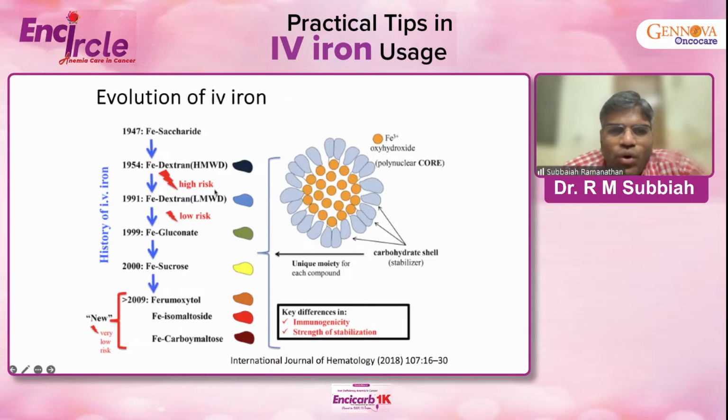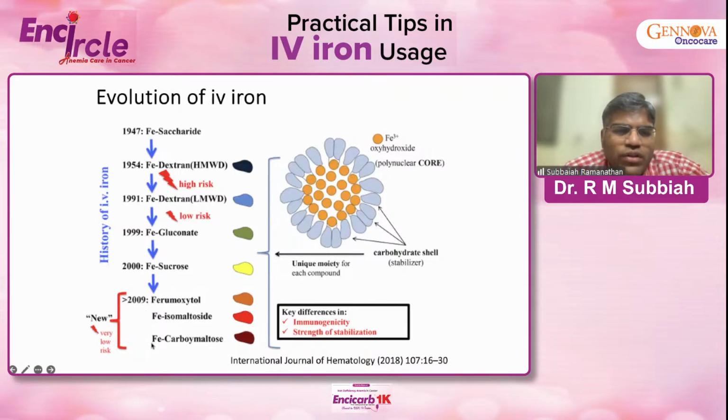And now with gradual evolution, you can see the carbohydrate shell has come down in size. So earlier, in 1947, ferric saccharide was there, then iron dextran, high molecular weight. Then after 40 years, we got iron dextran, low molecular weight, and then came ferric gluconate in 99, and by 2000 iron sucrose was available, and this was widely used, especially in antenatal care.